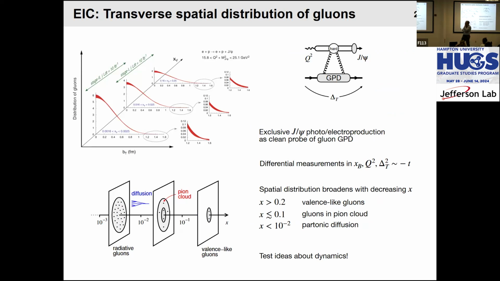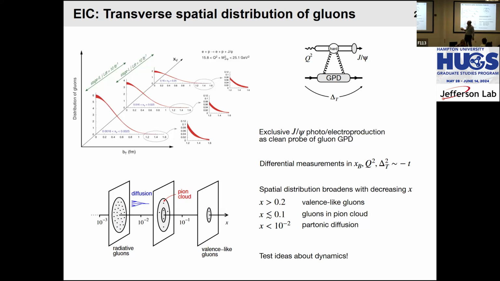And I just show you this here. This is an example of a measurement of the transverse spatial distribution of gluons in the proton using exclusive J/psi electroproduction at the EIC. So this is now coming back to what we said earlier.